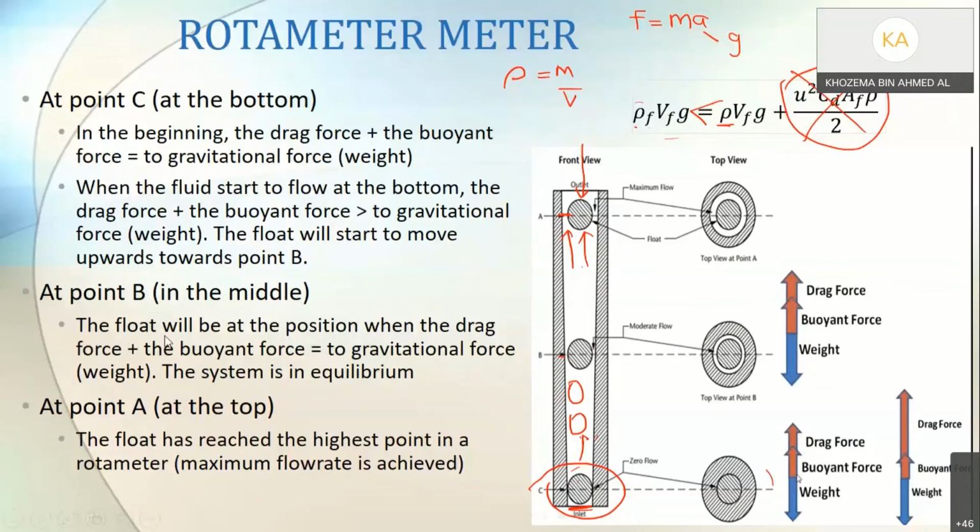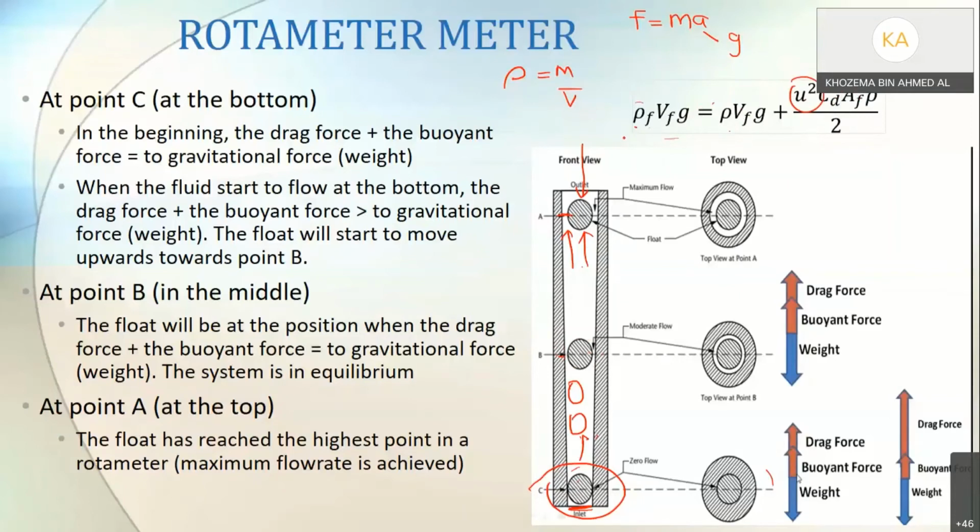So at point B, how will the float stop moving at any point on your rotameter? It will stop when you have equilibrium again. Once the speed is constant, everything is constant, so the float will reach a point of equilibrium.